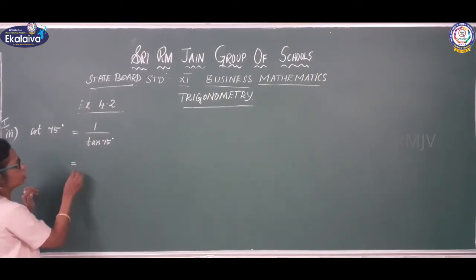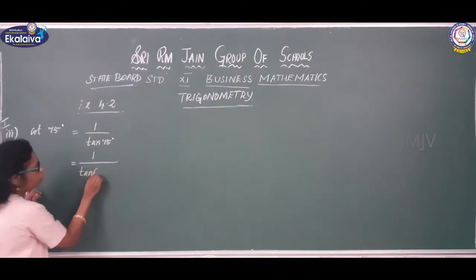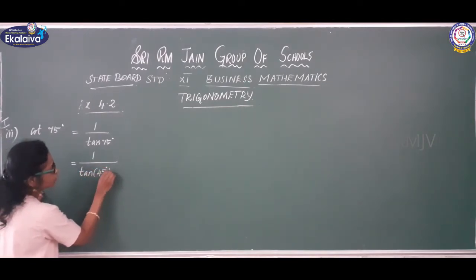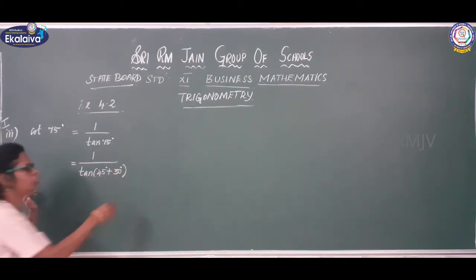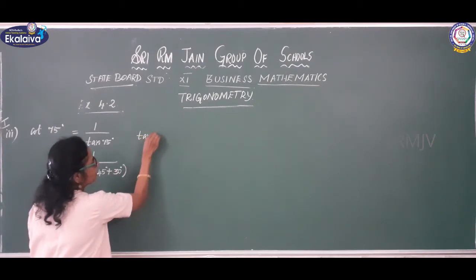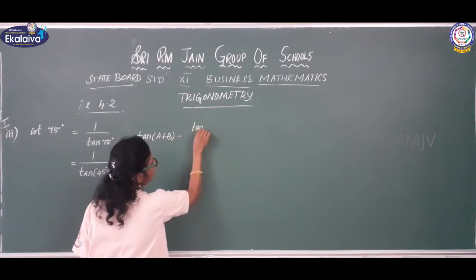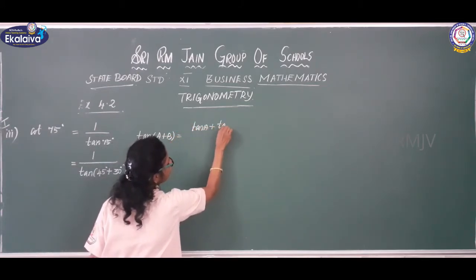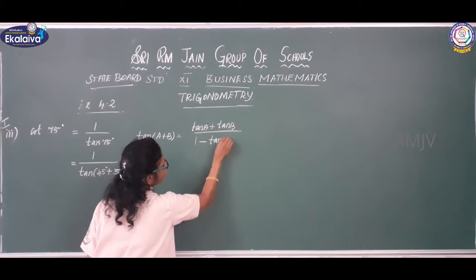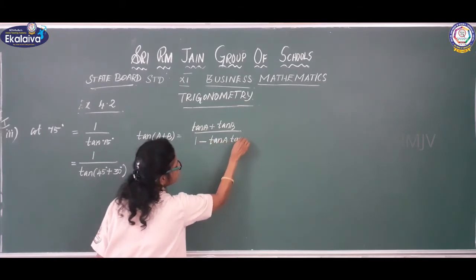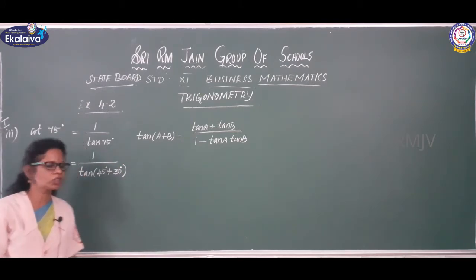Then 75 degree, how am I going to write, you see, 1 by tan of 45 plus 30 or 30 plus 45. That is your choice, right? Tan A plus B equal to tan A plus tan B divided by 1 minus tan A tan B. What formula we are using in the sum, you have to write it on the right side, right?